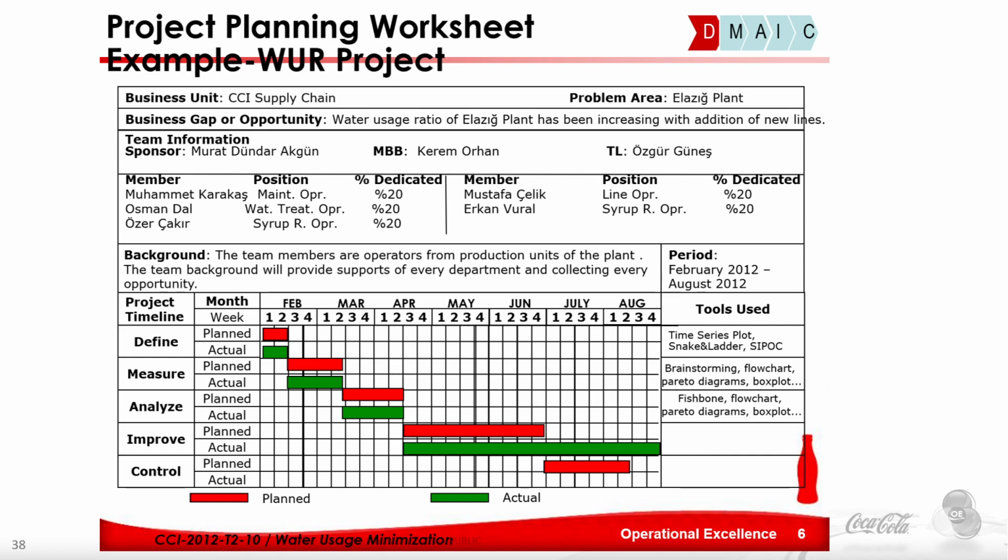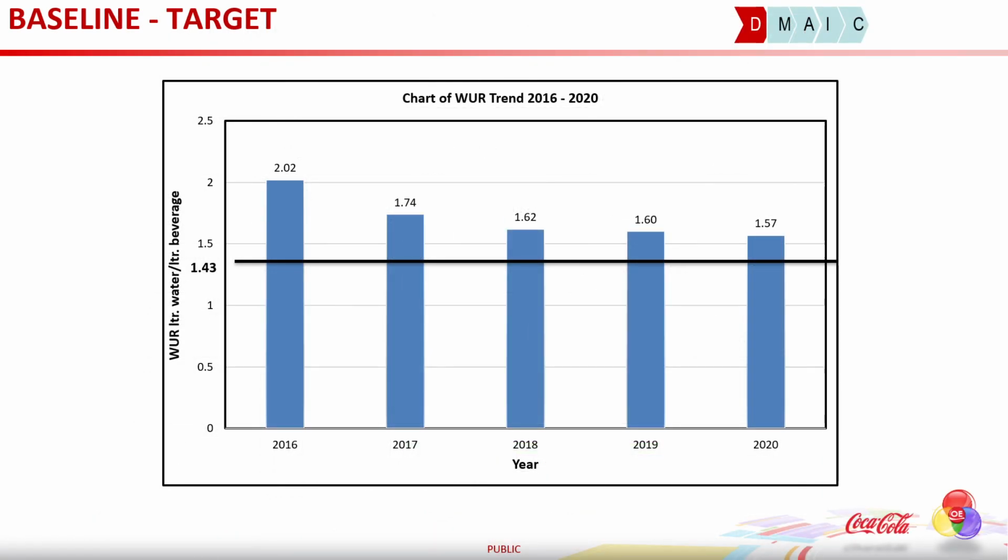So this is the project planning worksheet for this project, where you can see in an overall review we have the project scope, we have the team information, we have the project period defined, we have the complete project timeline, and we have the tools that are used for this project. So you can see that we have defined very clearly the define phase and its project planning worksheet.